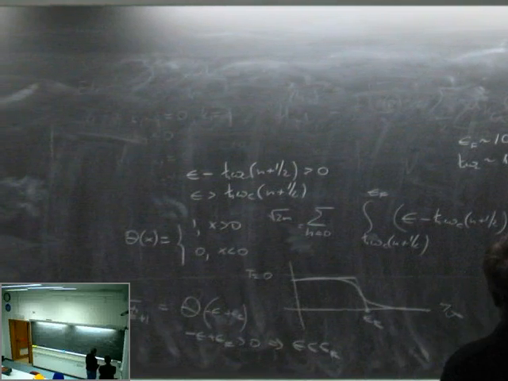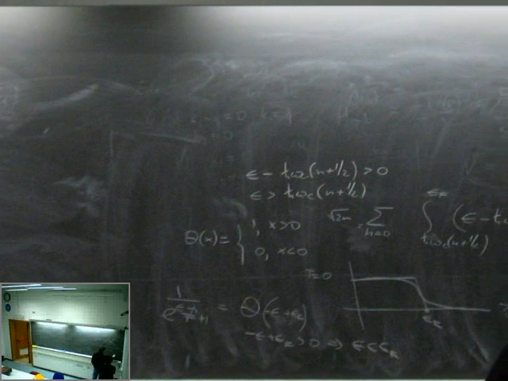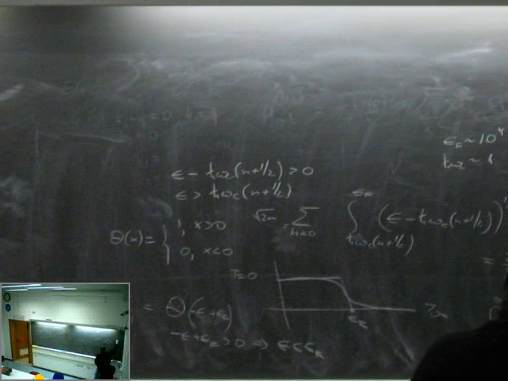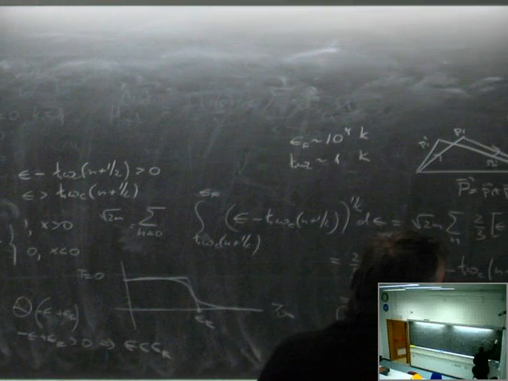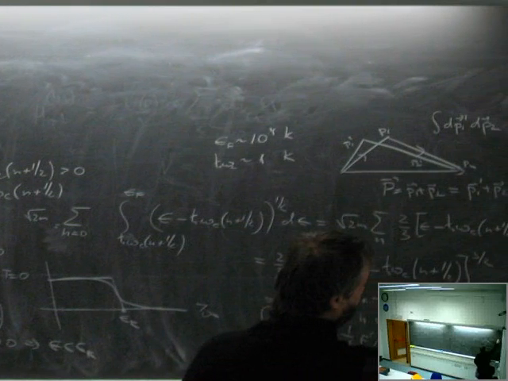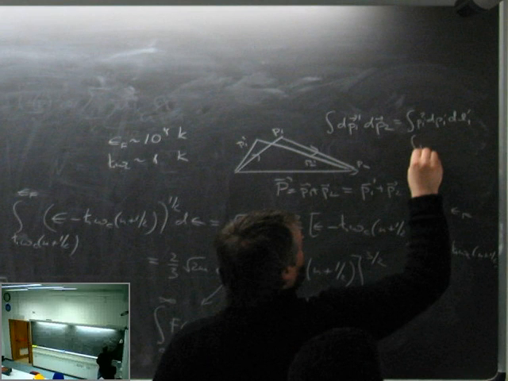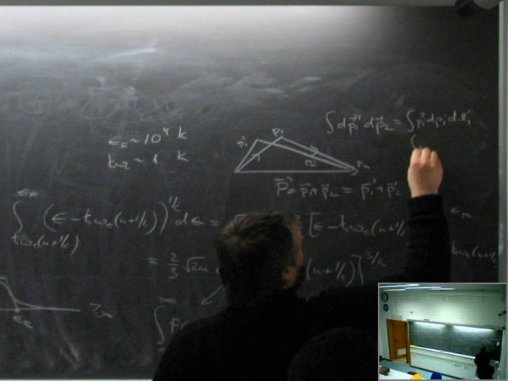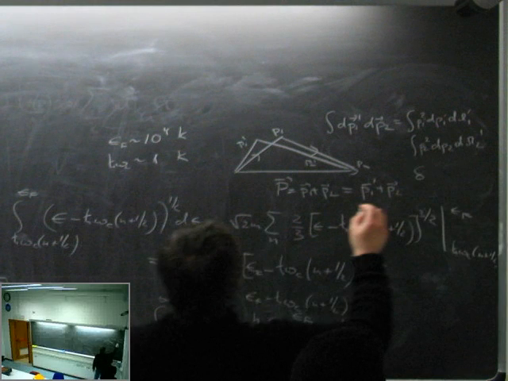So you need to define angles with respect to something. As usual, this is integral, say, P1 squared dP1 d omega 1 prime, dP2 squared dP2 d omega 2 prime, and here this delta function.